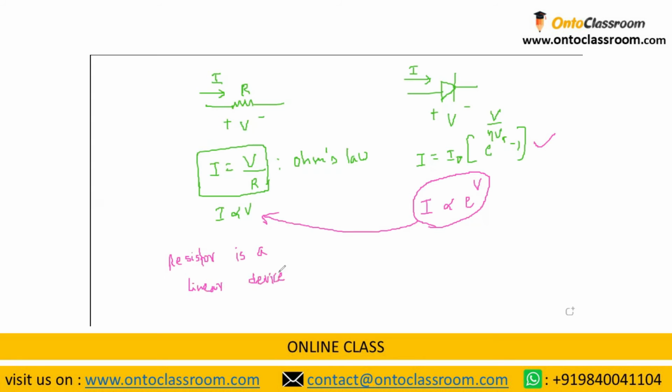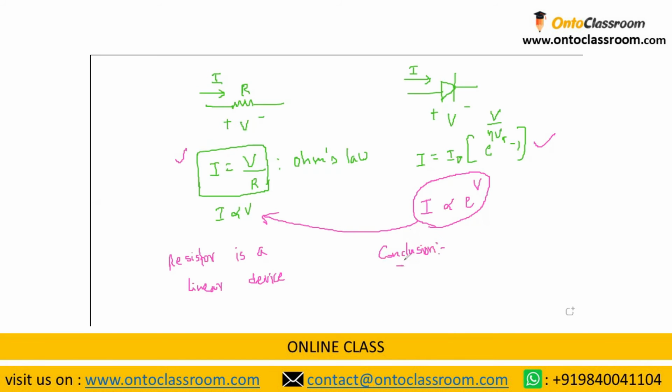Why are we claiming that resistor is a linear device? Because current in a resistor and the voltage in a resistor are linearly related to each other. And now, what is the conclusion for the diode? What can you conclude about the diode?